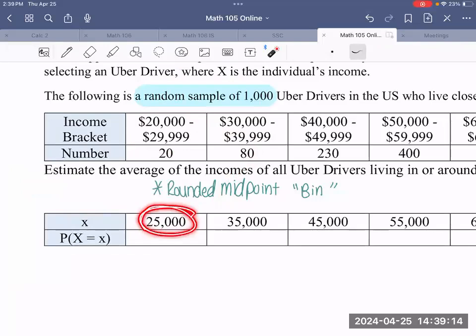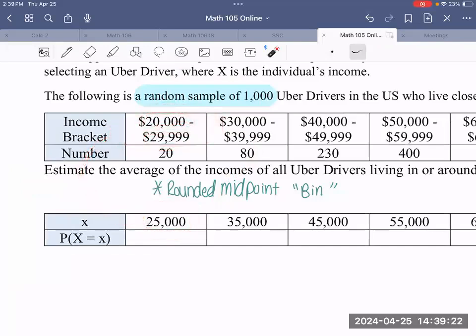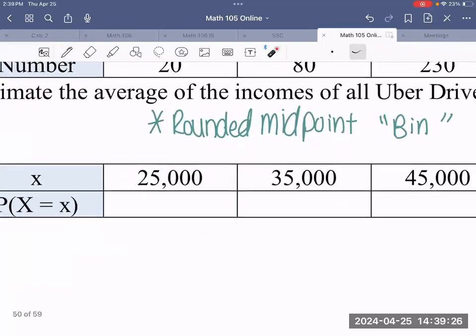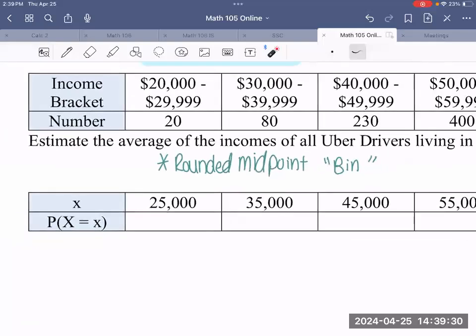So our 25,000 is going to comprise of the middle values between 20,000 and 29,999. Can never say that one, right? So for our purpose, again, I'm going to do this by hand first and then show you how to do it on your calculator. Well, for those who fall in between here, we have 20 people.